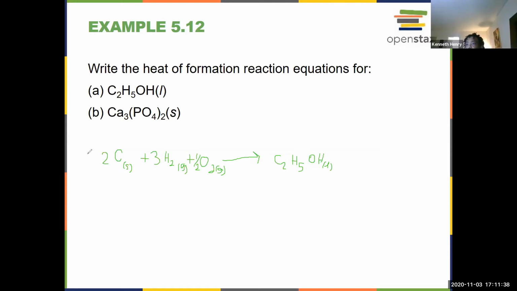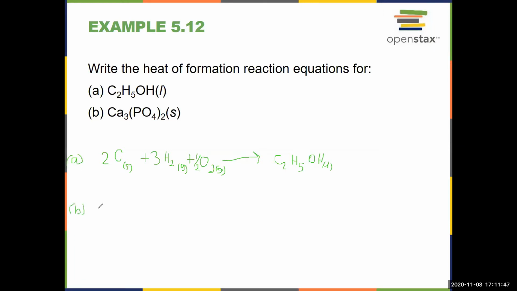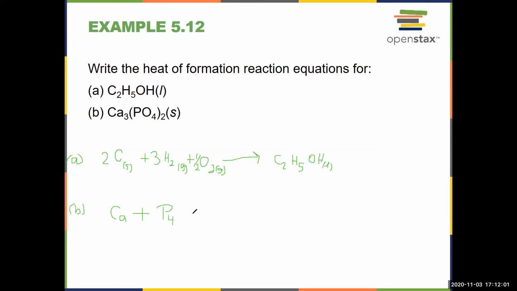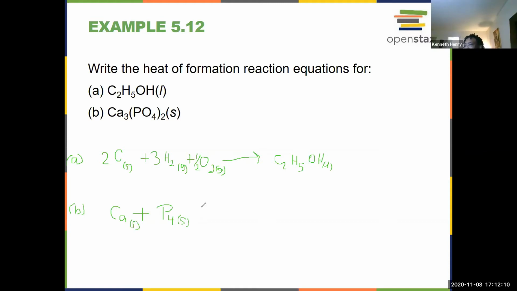Now what about part B? Ca plus P4. Why P4? It's polyatomic. That's right. Plus O2.